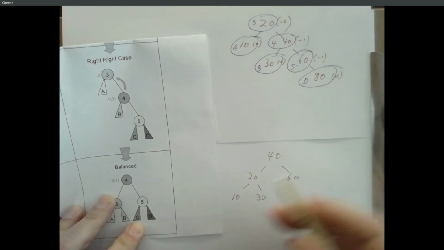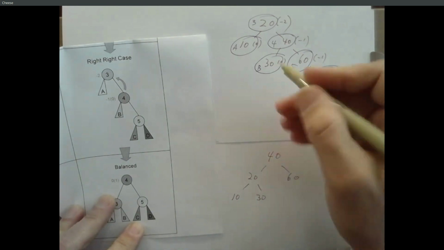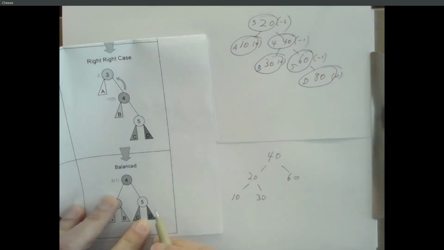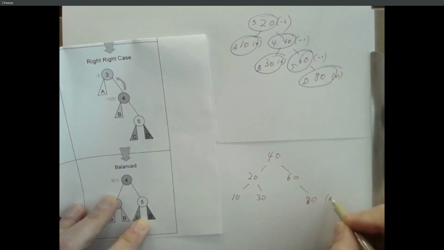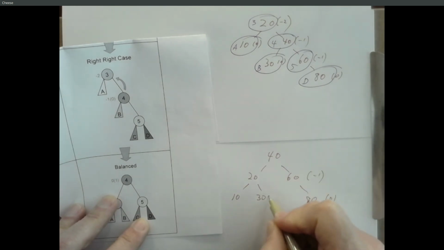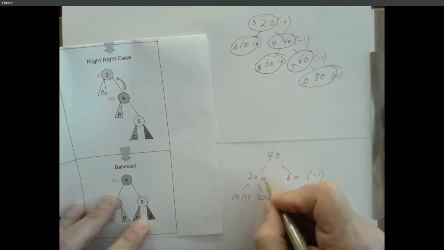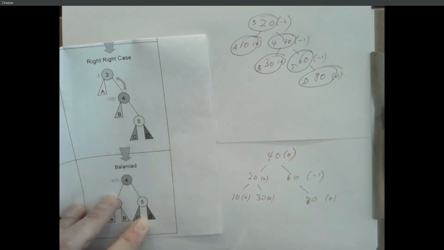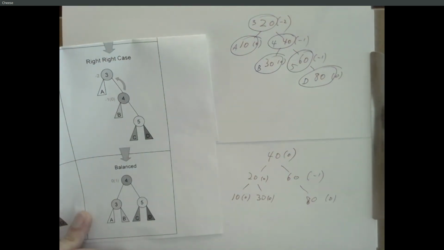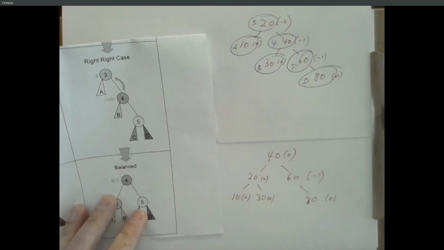And then node 5, which is our 60, left child should be C, which is null, and right child should be D, which is 80. And if we calculate this, it's nicely balanced. This is still a binary search tree, 10, 20, 30, 40, 60, 80. All right, everything's still in order.